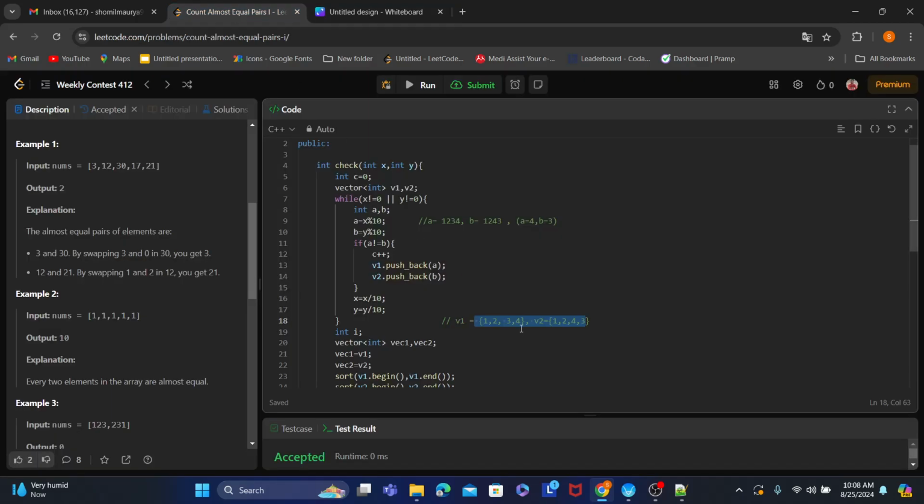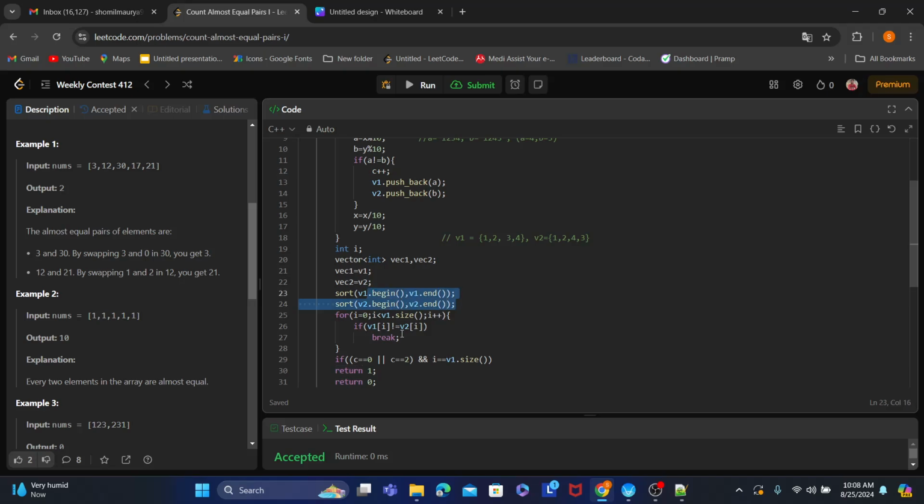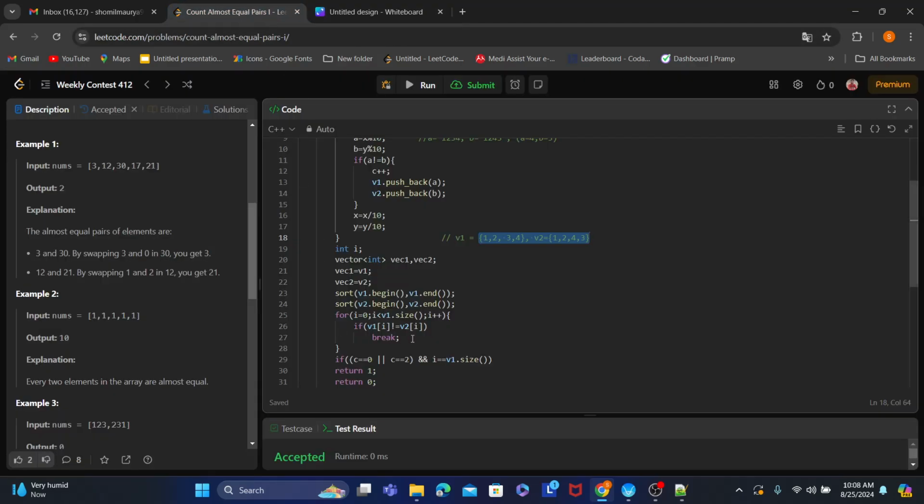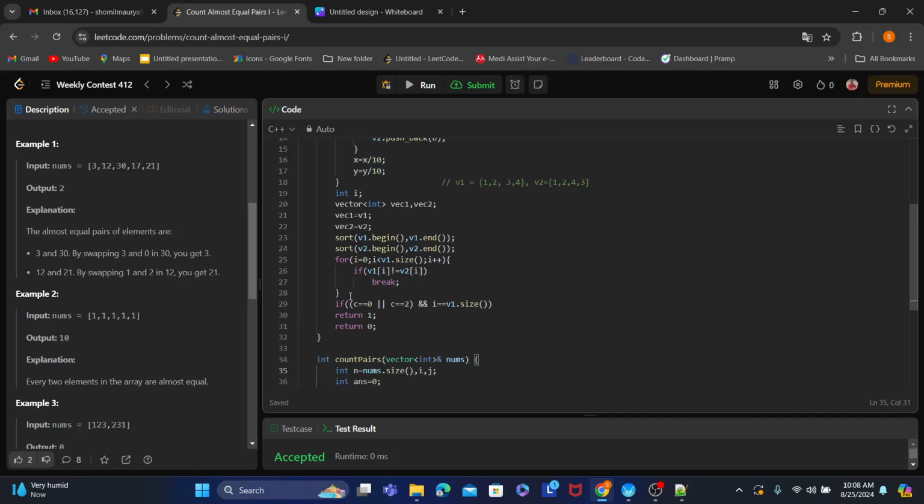Then both arrays become equal, correct? v1 is 1 2 3 4, and v2 becomes 1 2 3 4 again. If both arrays become equal, then our first condition is satisfied, and then we check the second condition. Here we are checking if i becomes equal to v1 dot size, which means the first condition is satisfied.